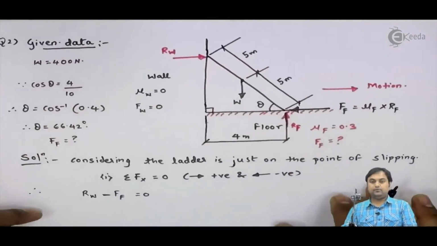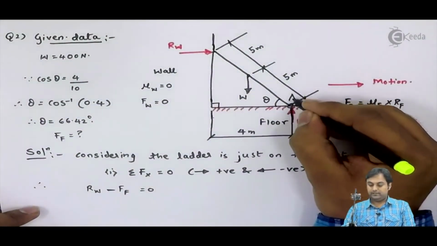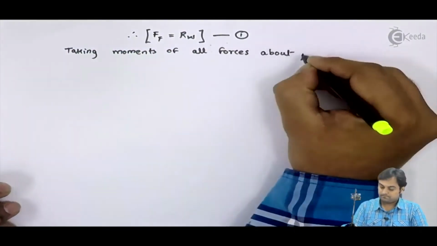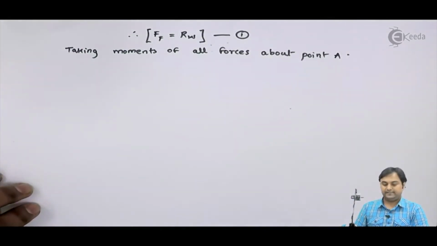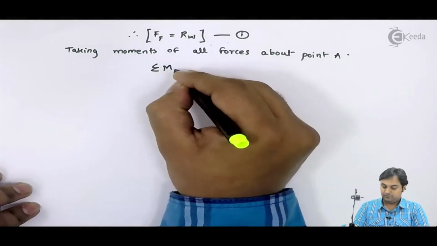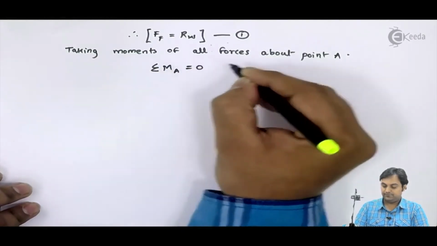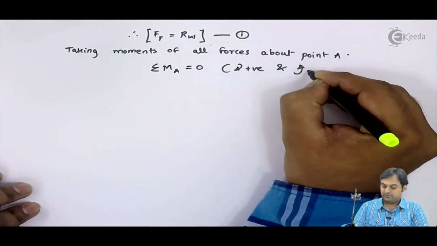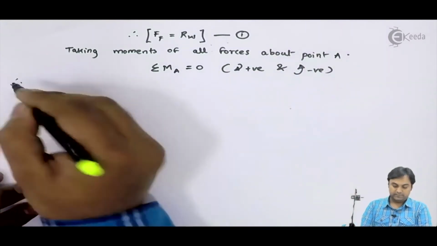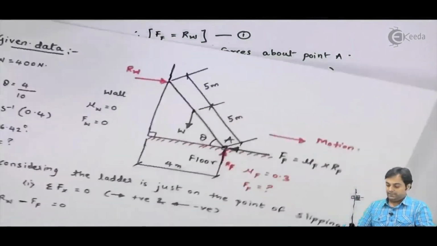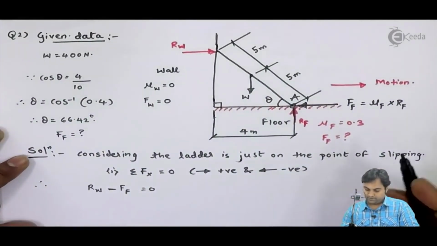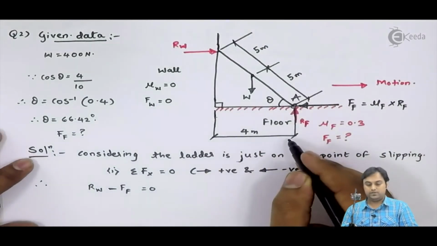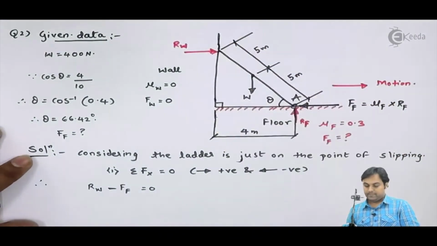Now I would be taking the moments of all forces about point A, that is at the floor. Summation of moments of all forces about point A is equal to 0, where my clockwise moments are positive and anti-clockwise moments are negative. So I need to get the distances also. Here, since this angle is theta and the adjacent side is 4, I need to find out what this side is.